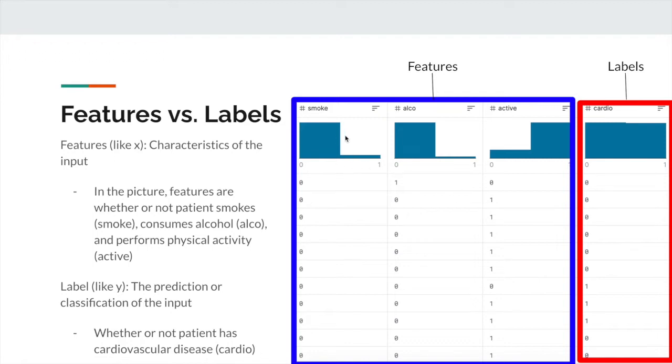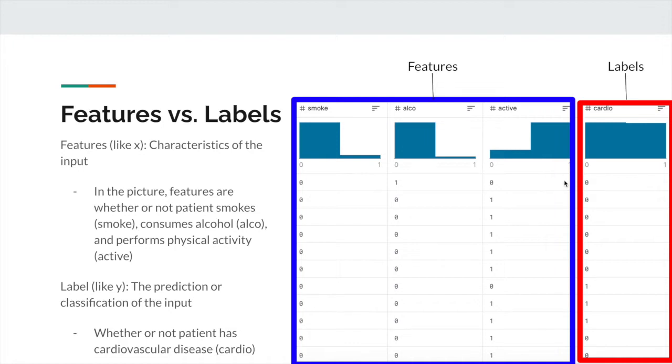This column corresponds to whether or not the patient smokes. This column corresponds to whether or not the patient consumes alcohol. This column corresponds to whether or not they engage in some sort of physical activity a certain number of times a week. And then this represents whether or not they have some cardiovascular disease, right?